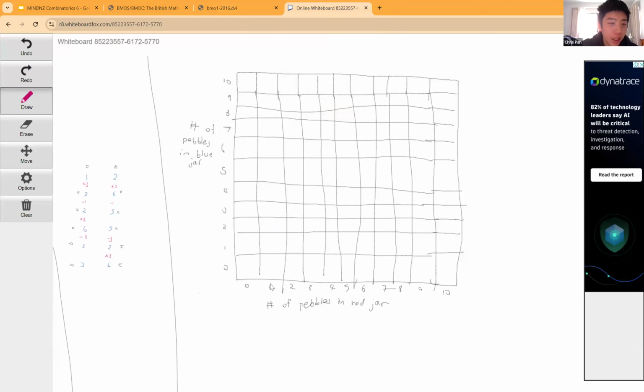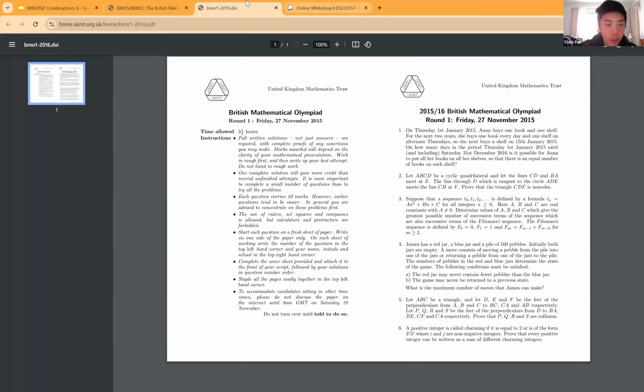You start on this cell, because the initial game state is that both jars have zero pebbles in them.